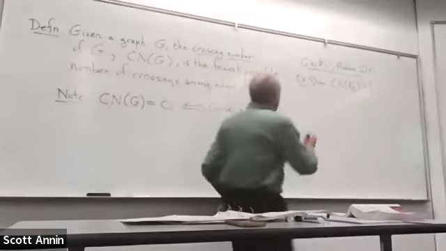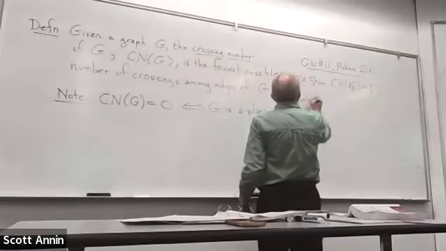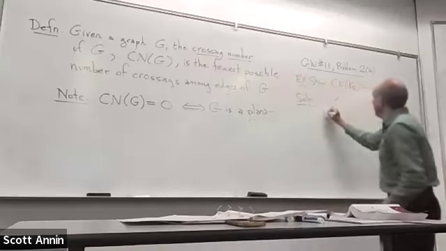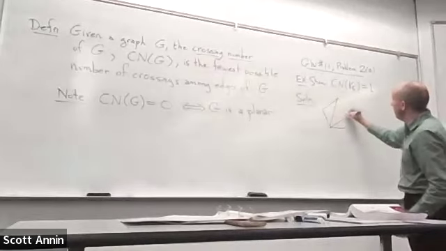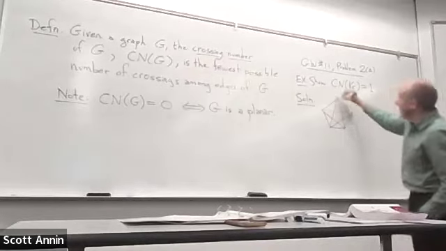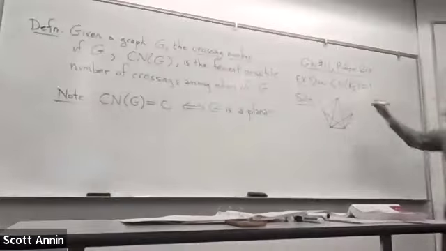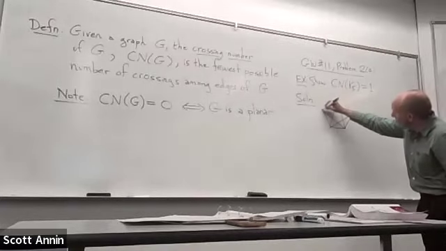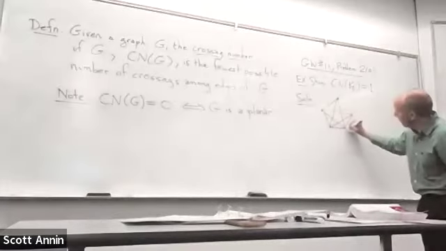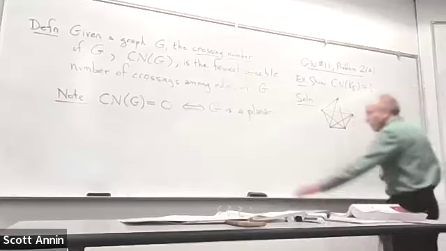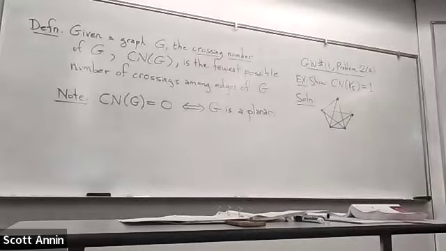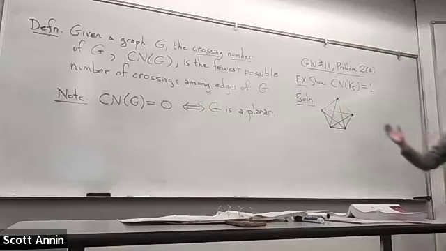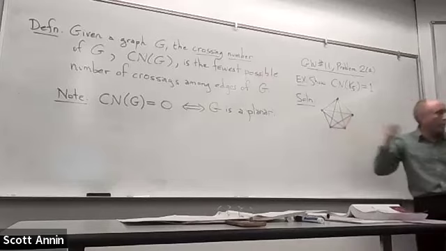Okay, K5, let me just draw that graph for you. I think you all know what this is. This is just going to be like a pentagon with a star inside of it. This is our K5 graph, and I'll try to make my vertices a little more pronounced. You can see that as it's drawn right now, there are tons of crossing edges.